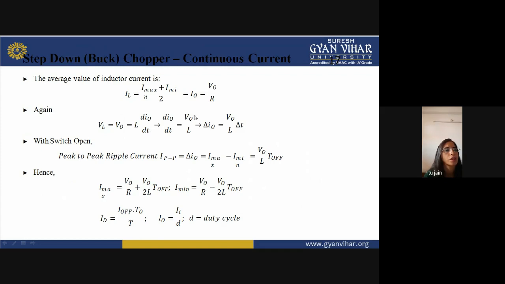So V naught upon L equals del I naught upon delta T. This is your inductor current and this is your inductor voltage. When the switch is open, the peak to peak ripple current is written as delta I naught, which is equal to I max minus I minimum.